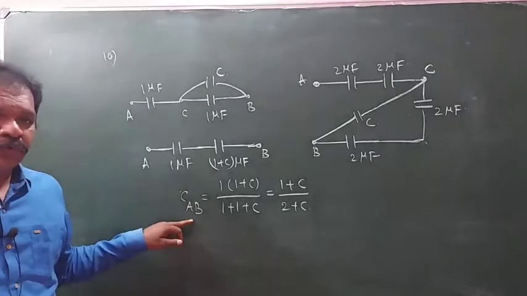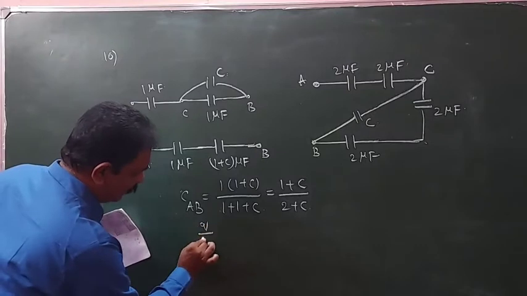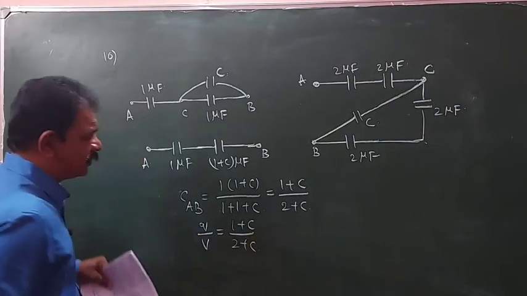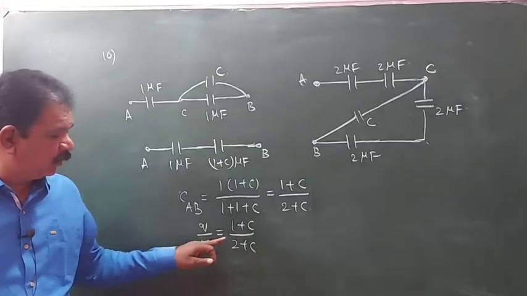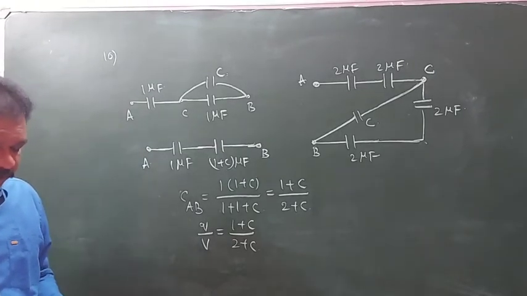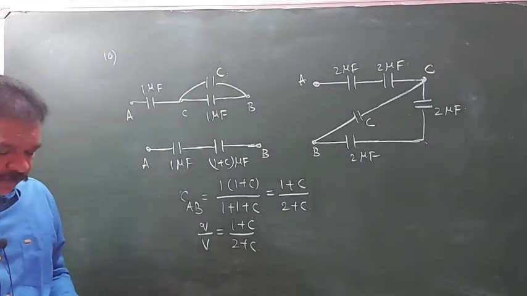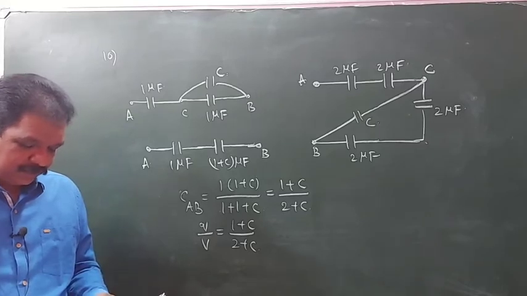C is equal to Q by V. We know. I know. You know. 1 plus C by 2 plus C. Q value given, V value given. They are asking the C value. So here how much we will get?